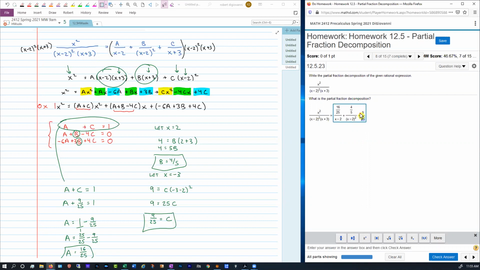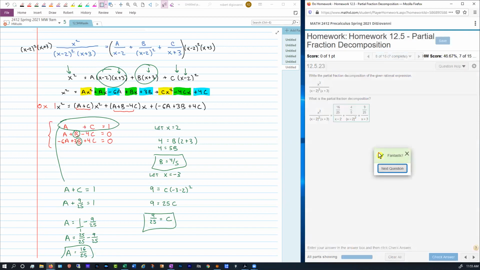That's frustrating. There it is. Okay, that over X plus 3. All right, let's check that. Okay, it worked. Kind of messy, but you can see how this system of equations was not simple to solve. So I actually used the short method to grab a couple of values and then used it together with this. All right, next question.